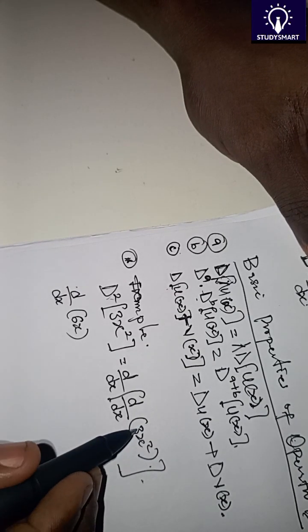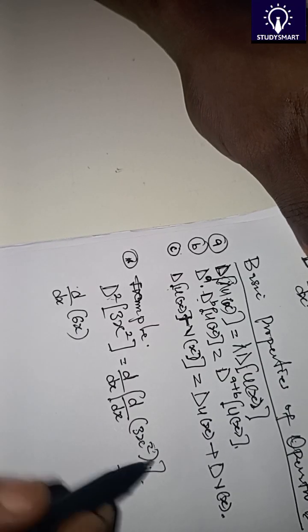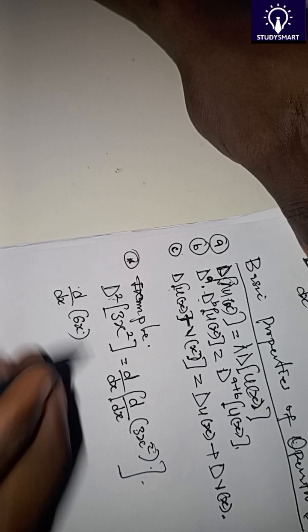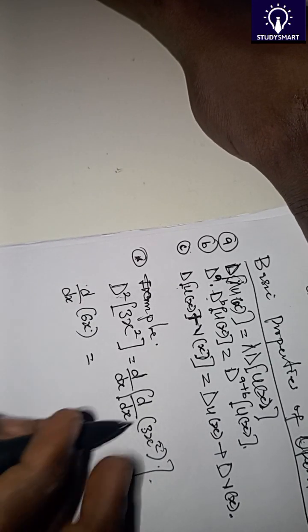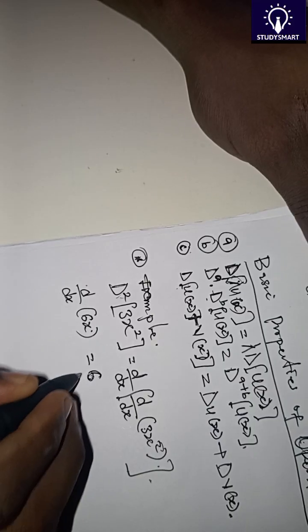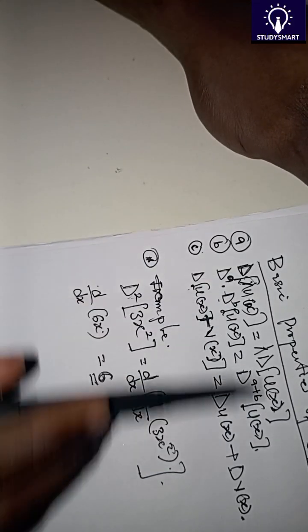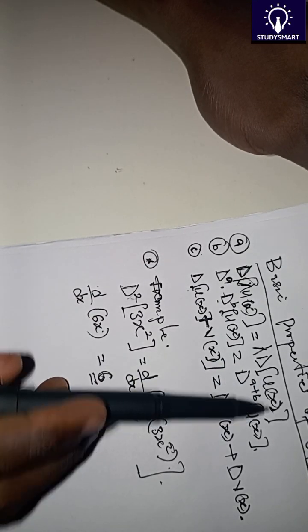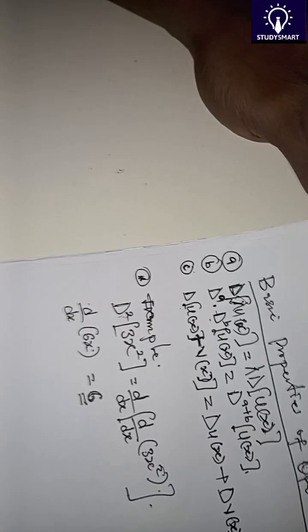So that 2 times 3 here gives me 6x, then reduce the power by 1, which is 1. Alright, so I still have another thing to differentiate here, right? So I'm still going to be having the differential of this, which is going to give me 6. That becomes the answer to the problem, which illustrates the first property of this operator d. Right, so we'll be going into the second properties.